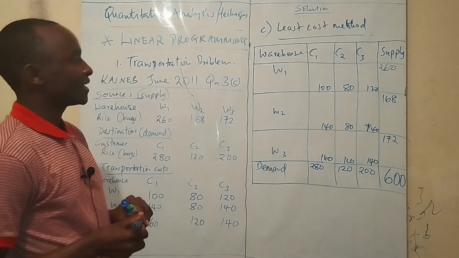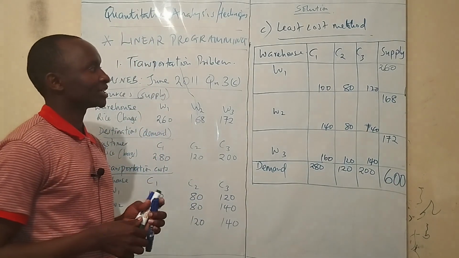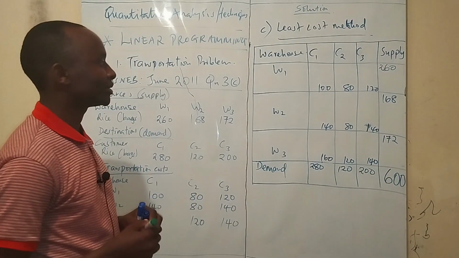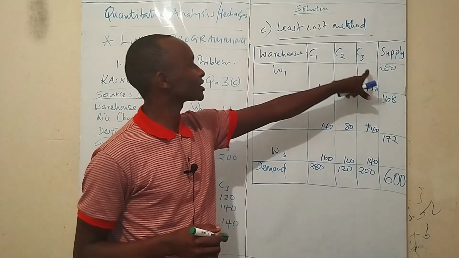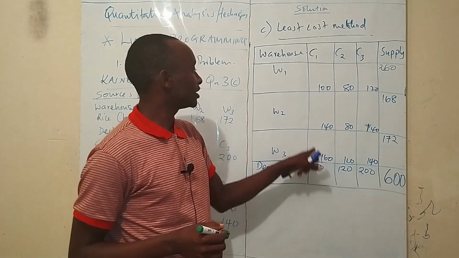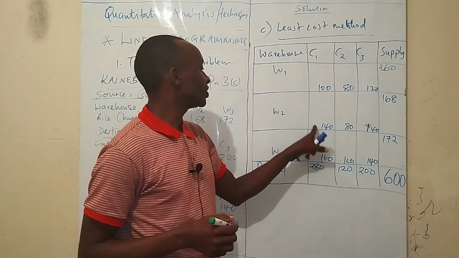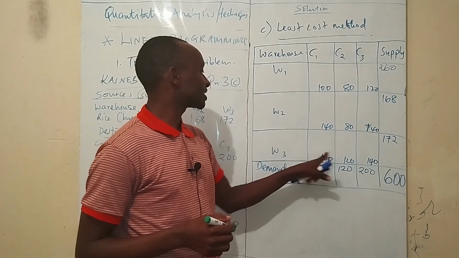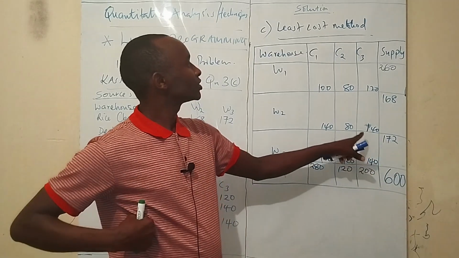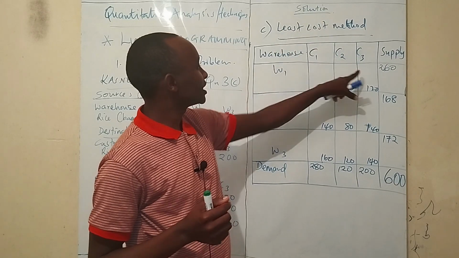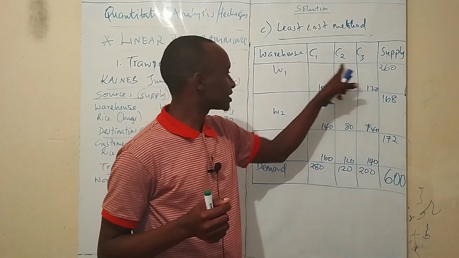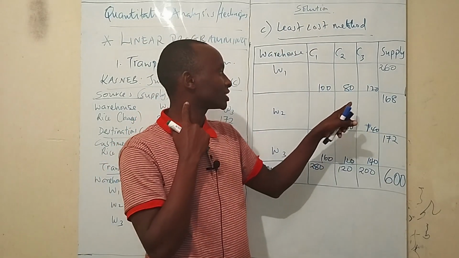Are you together? So this one, ladies and gentlemen, as I had told you earlier, this is the simplest, the least cost. This is the least transportation cost. So these are the costs in here: the 180, 172, 140, 80, 140, 160, 120, and 140. So these are the costs. Now we are supposed to identify the least cost in these transportation costs here.